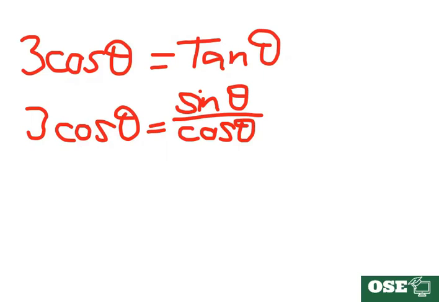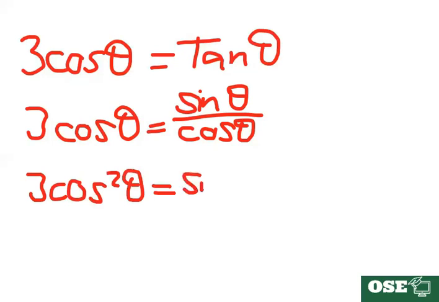And if you cross multiply, it's going to be 3 cos theta is equal to sine theta.